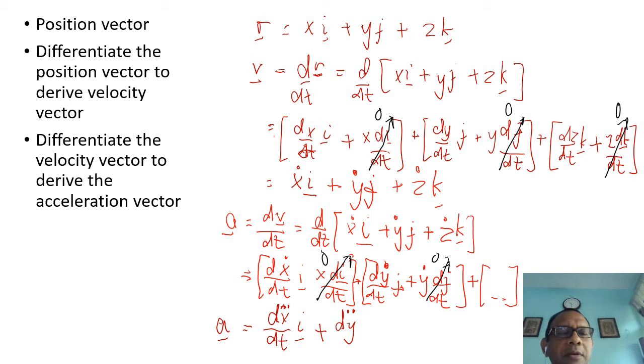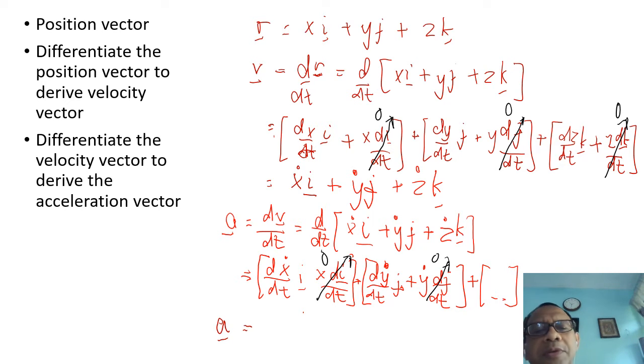Here, I'm going to rub this out. So there is no dot here. It is dx dot over dt, so that is x double dot.